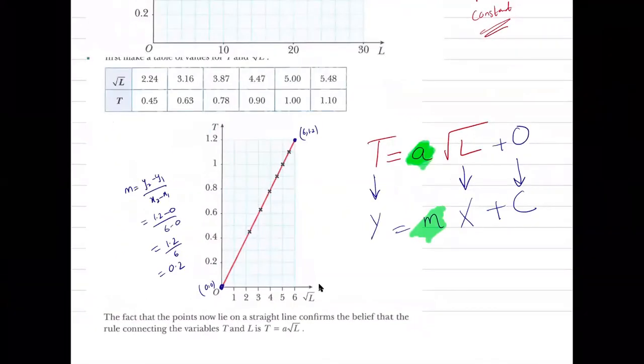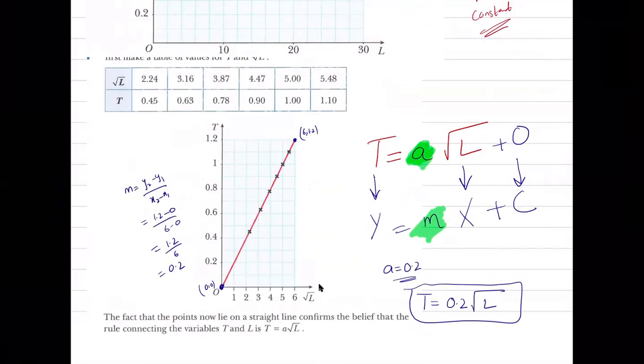If the gradient is 0.2, would you agree that the A value is also 0.2? So the equation becomes time period is equal to 0.2 times square root of length. That's the relationship between the two quantities that we were examining. So that's the equation or the relation that links the length with the time.